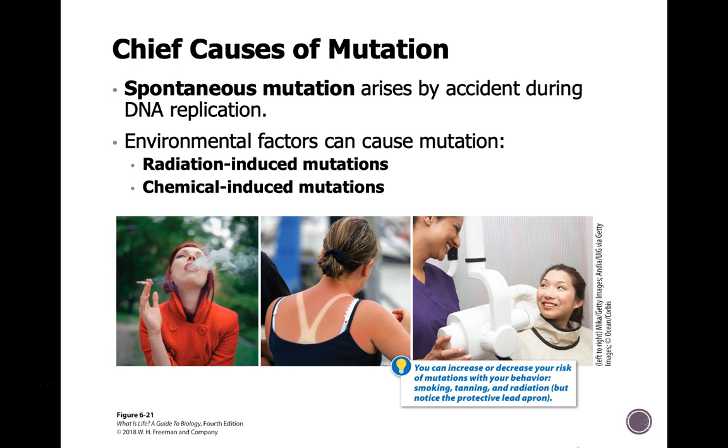Environmental factors also cause mutation. So radiation-induced mutations are important. So we have UV radiation, X-ray radiation, things like that that can all cause changes to the DNA. And this happens because those radiation waves actually interfere with the bonds that are holding the DNA together.